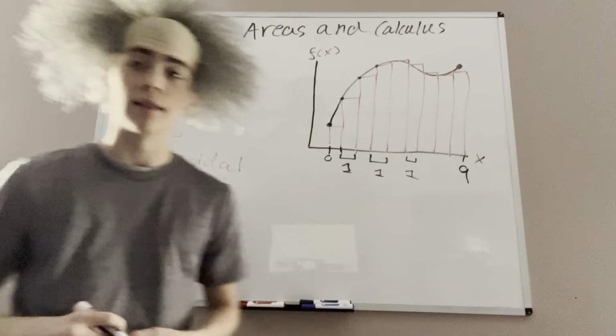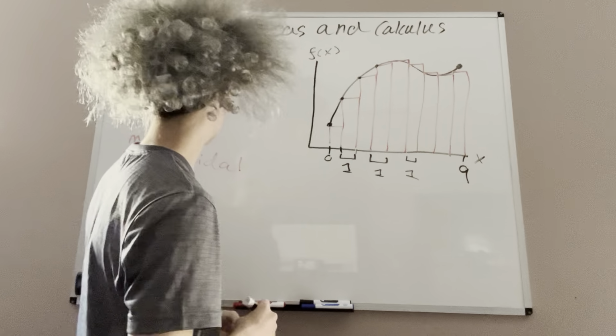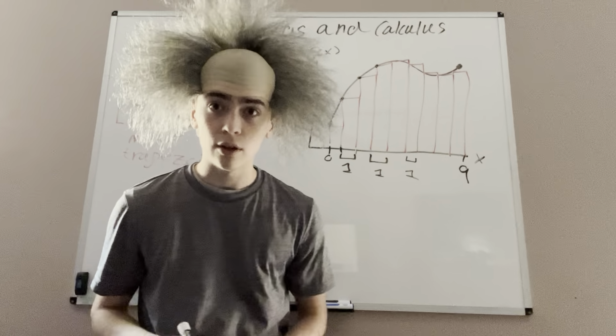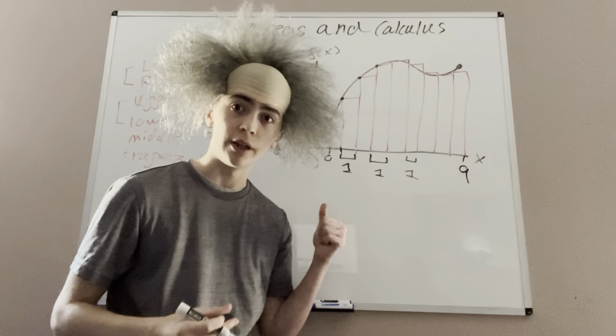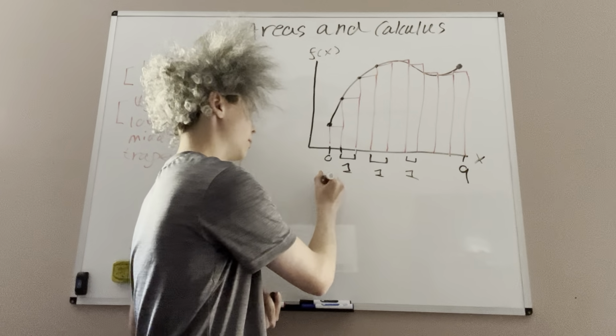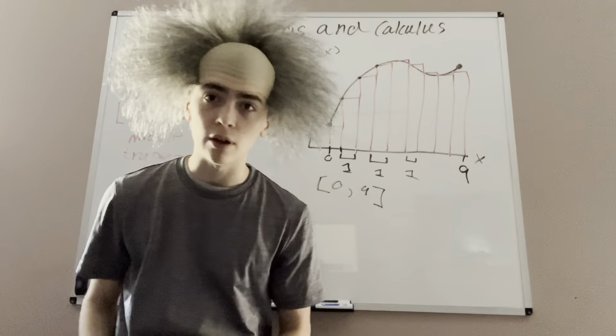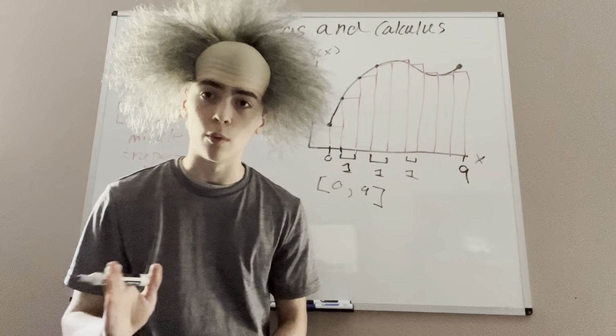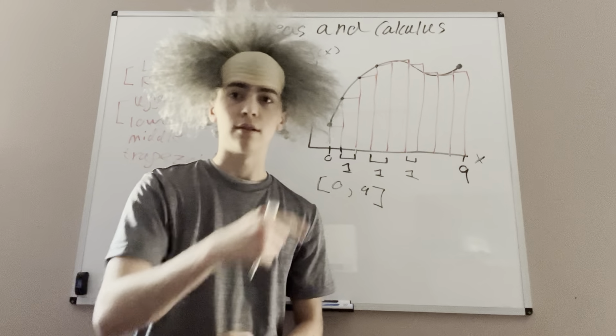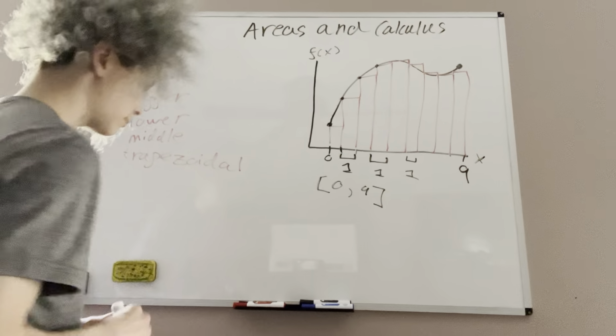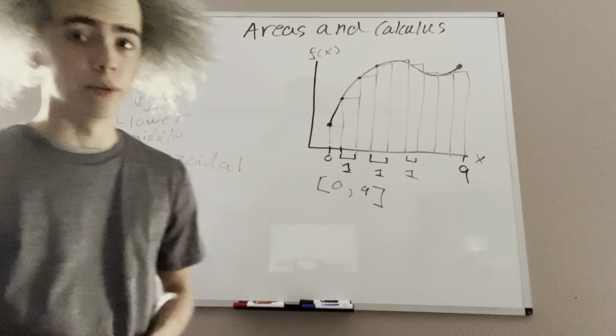Now, we're going to do the same thing for every single box that we draw. It is important with a left-hand Riemann sum that you start on the left side of your interval, because from here we're getting the area from 0 to 9. We start on the left side of the interval and move our way to the right. With the right-hand Riemann sum, it's going to be the opposite.